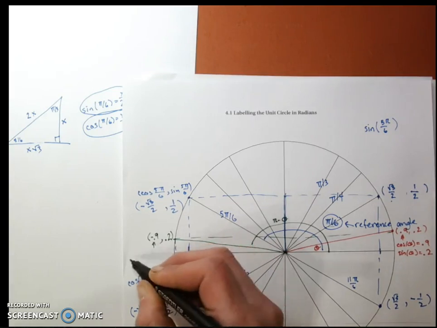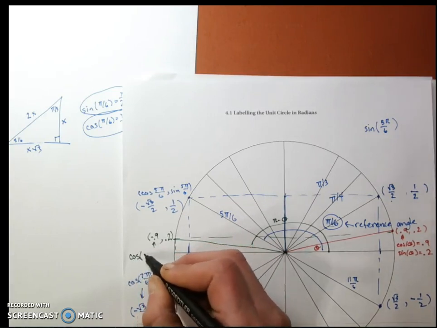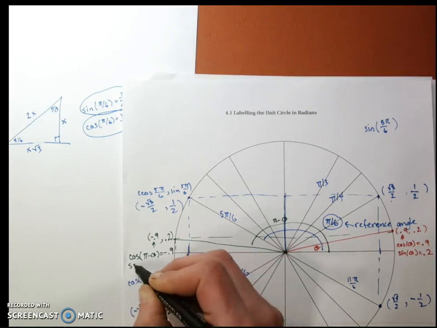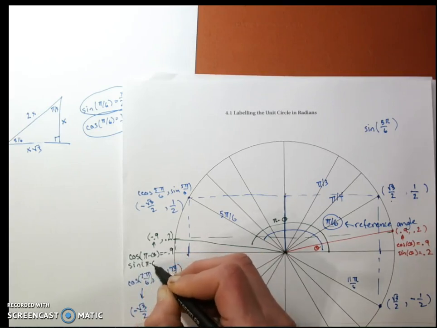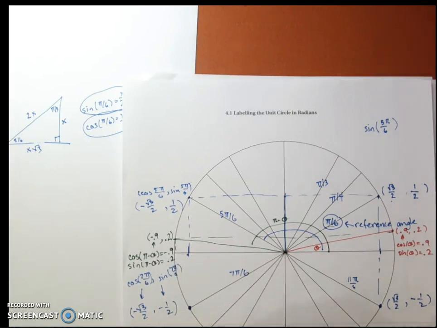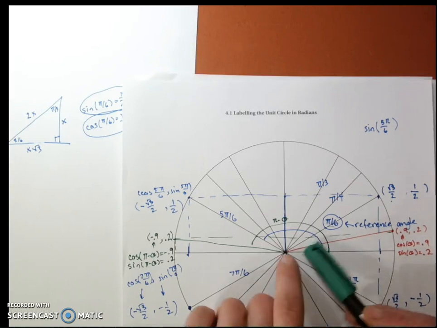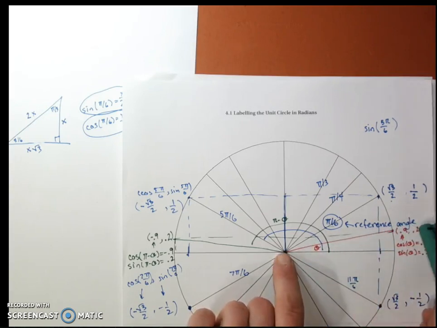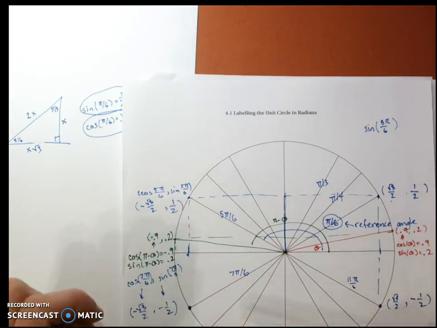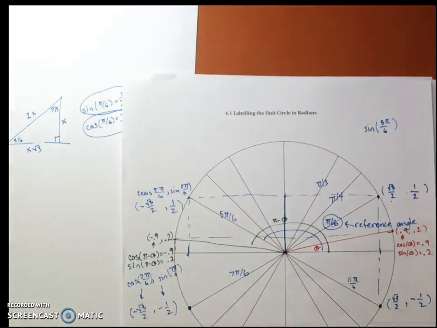So this tells me that cosine of pi minus theta equals negative 0.9, and sine of pi minus theta equals 0.2. So that's how we use reference angles. If we know the sine and cosine of one angle, we get the sine and cosine of another angle for free, just by looking at reflections.